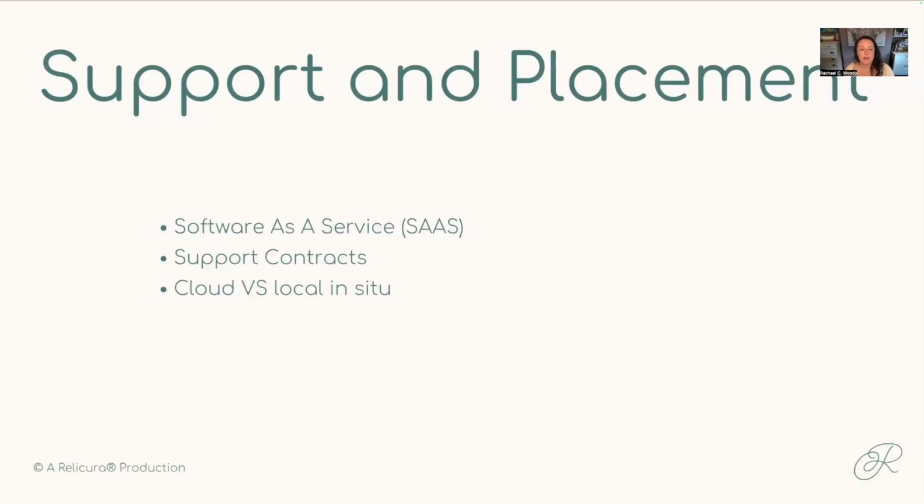Okay, support and placement, two major things to think of as you are considering types of collections management systems. The first for consideration is software as a service, or SaaS. As the general population, we're very used to software as a service at this point. Many of the products that we use, especially software, tend to be a subscription model, software as a service.